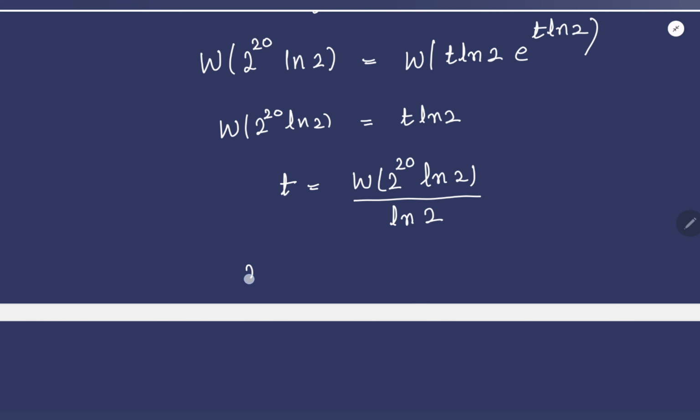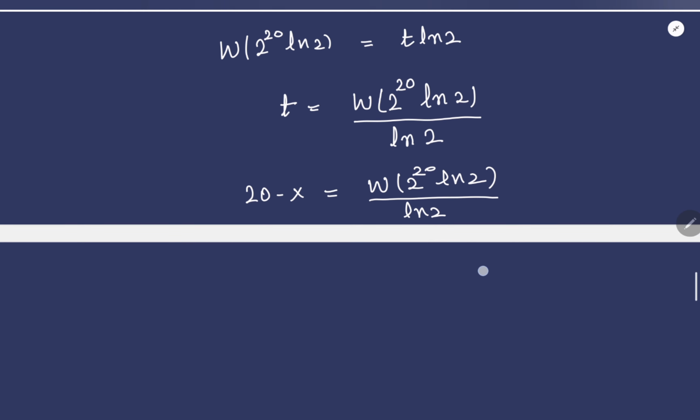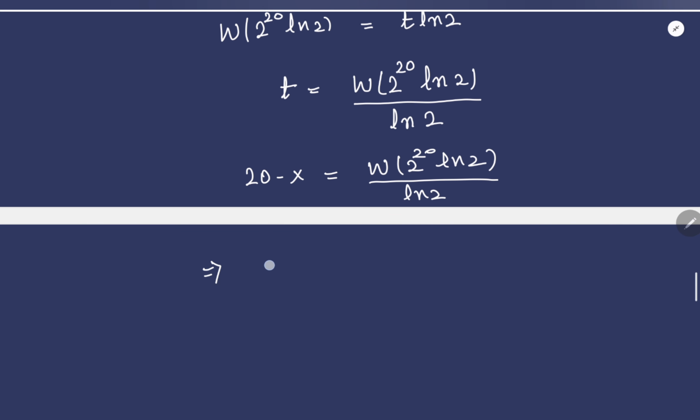What is t now? t is 20 minus x, which is W of 2 raised to power 20 ln 2 by ln 2. This implies x is equal to 20 minus W of 2 raised to power 20 ln 2 by ln 2, and this is our final answer for x.